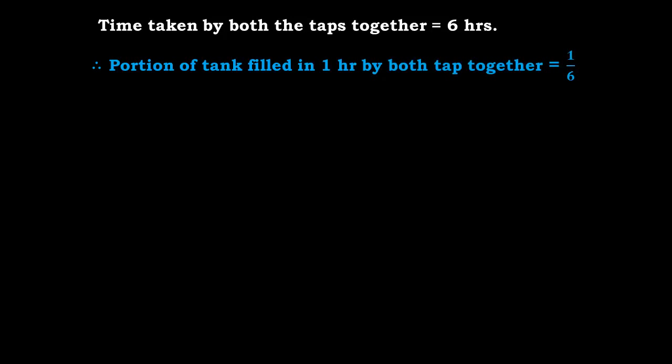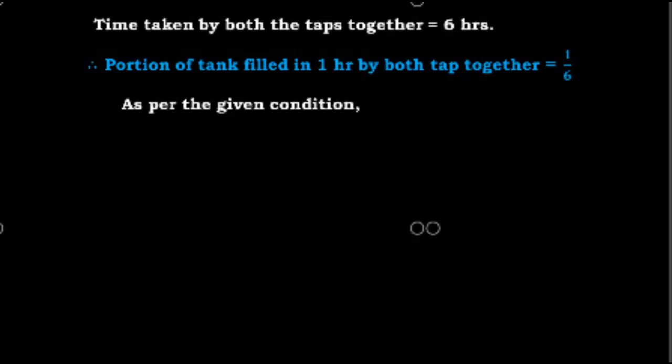So, the time taken by both the taps together is 6 hours. That means the portion of the tank filled in 1 hour by both taps together is 1 upon 6.